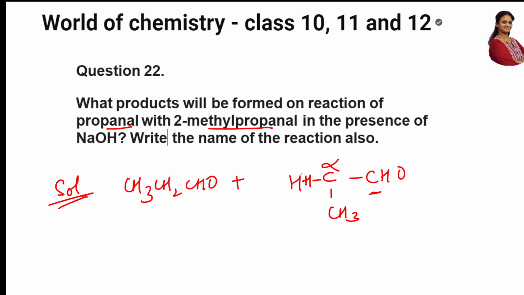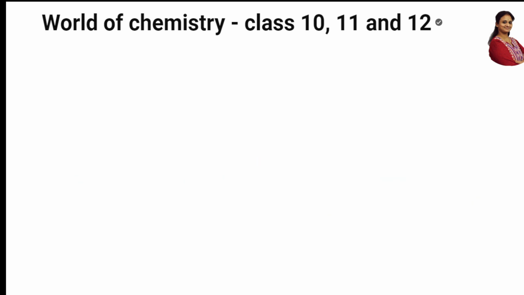So what will it do? This is going to go and attack, because that is the concept, right? The presence of alpha hydrogen: only a compound having alpha hydrogen undergoes aldol condensation. So the compound shifts. Now I'll write here. What will happen when it shifts?